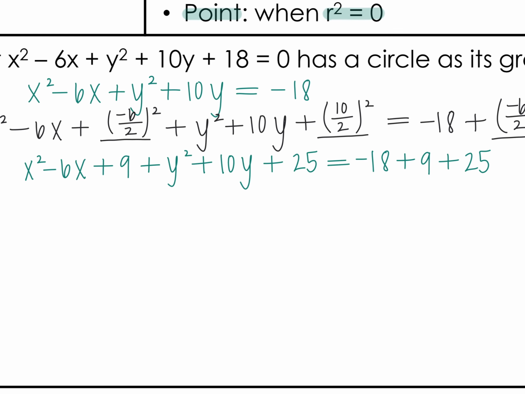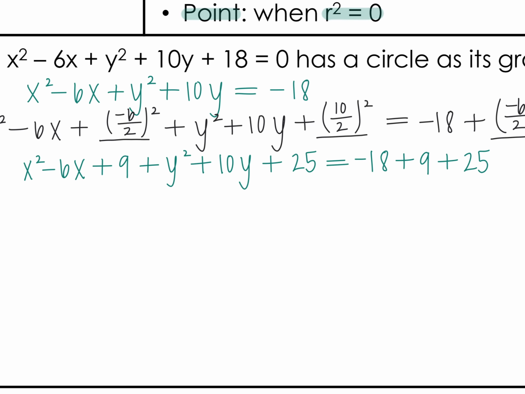All right, once we have completed that step, we are going to move into step 4, where we are factoring our trinomial and combining our like terms. To do that, all we really need to do is look at the coefficients for our x's and our y's once again, and take half of them to come up with our factors.